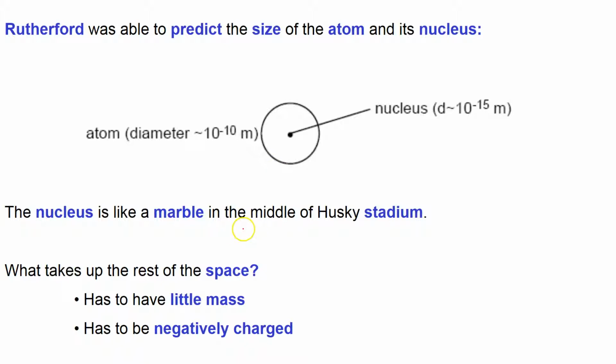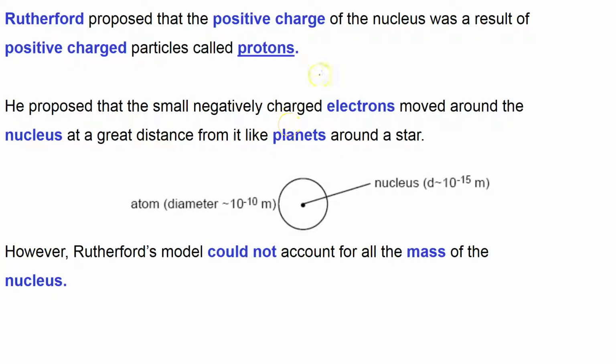And then there's a large amount of empty space, but there's something else right out on the edge of the atom. What's out on the edge of the atom has to have very little mass, and it has to be negatively charged in order to counter the positive charge of the nucleus. And Rutherford said this must be the electrons.